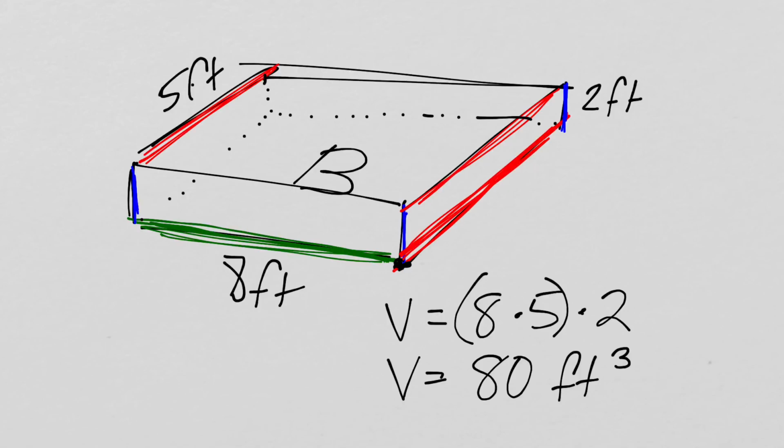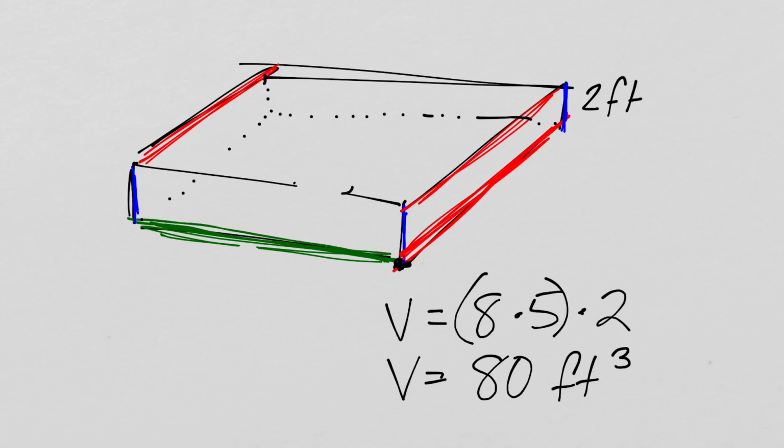So in a question like that, it would have given you the number for the area of the base. It wouldn't have given you this, and it wouldn't have given you that. Instead, it would have given you 40 feet, and it's an area, so squared, 40 feet squared for the area of the base. And then, because that's already the 8 times the 5, you just have to multiply it by the height. So that's why it's the other formula.